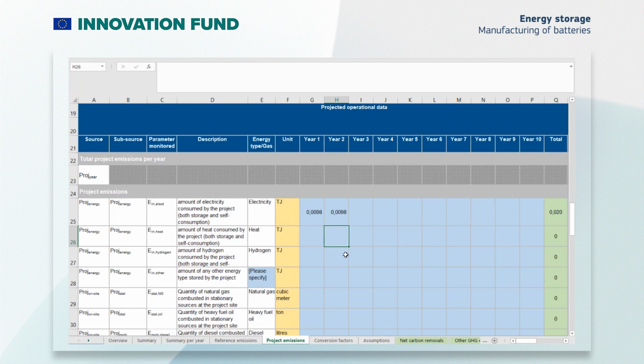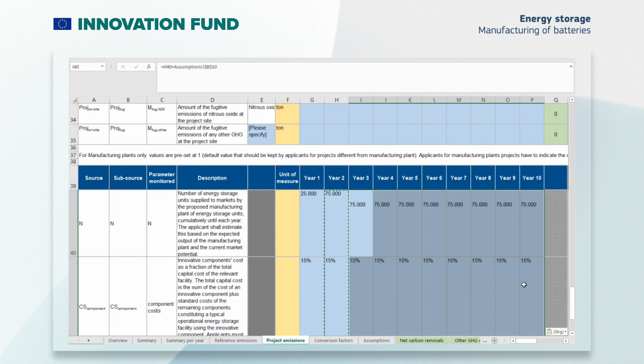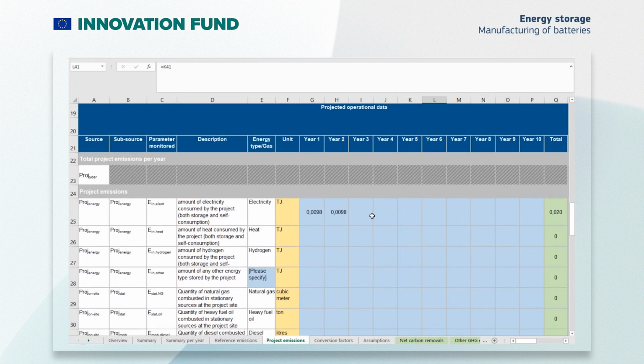Now let's start populating the cells with our project data. Again, I have pre-filled the data for the cumulated number of battery packs produced and the share of their cost in the total vehicle price in exactly the same way as in the reference scenario. Moreover, the electricity consumed by one EV in the first year is determined in the same way as before.